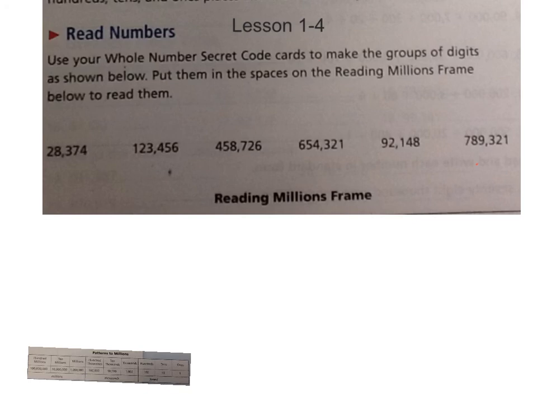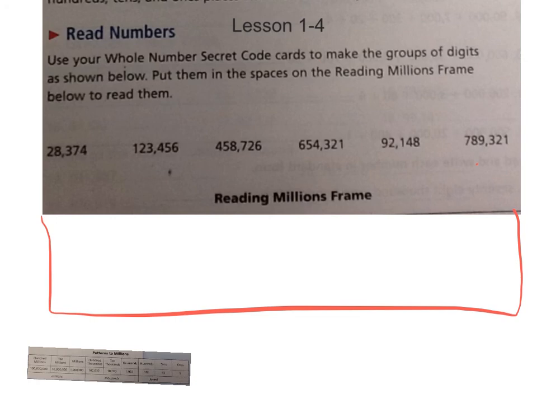On the bottom of this page there's actually more, the million, thousand, ones groups, and I want you to use your whole number secret cards to make the groups of digits shown below, meaning make that, make that, make that, that, and that. I'm making those 6, and I want you to just do them so you understand how it's supposed to look, and then when you are done, you can start working on the workbook page on page 12.